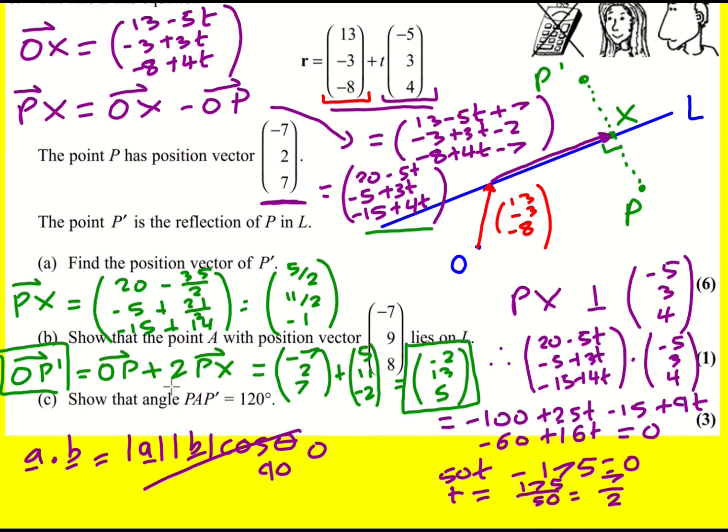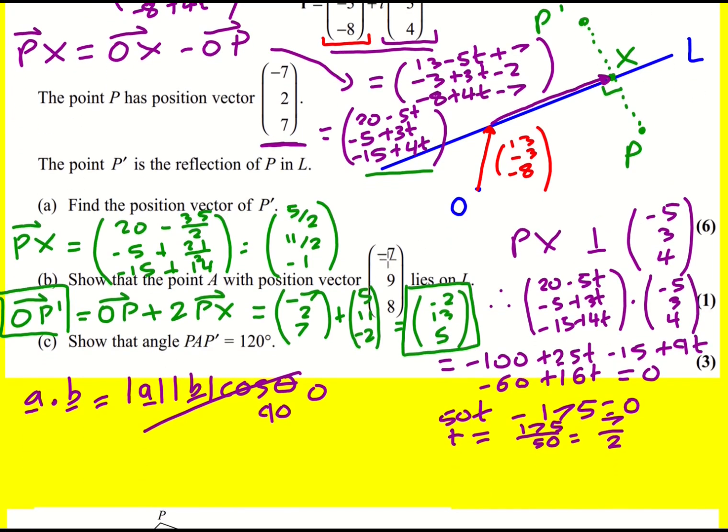On to part B, show that the point A with this position vector, minus 7, 9, 8, lies on L. Well, let's set them equal to one another.